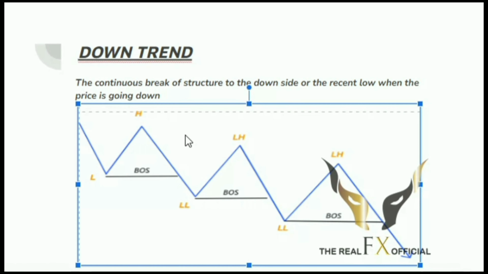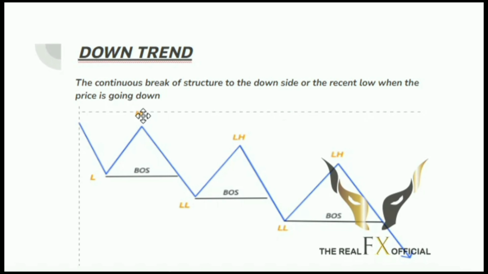So here we can see that the price has created the low, the high, okay, broke the recent low, broke this low to the downside, then again pushed to the upside for the retracement or correction purpose, okay. Then again the price broke this recent low, or we can say the lower low, to the downside, and again the same phenomenon right here, okay. So the price is going down and it is breaking the recent lows, okay, so we call it the downtrend.